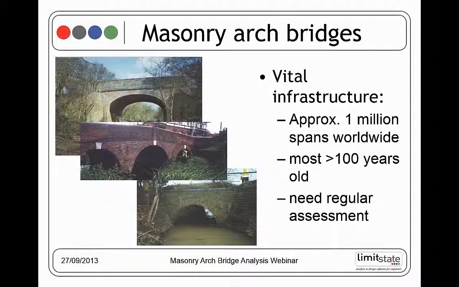The key thing is that they're in many cases carrying traffic, whether that be highway traffic or railway traffic, and we need to check that they're still fit for purpose. So we need to assess these bridges and take remedial action in an intelligent, focused way.